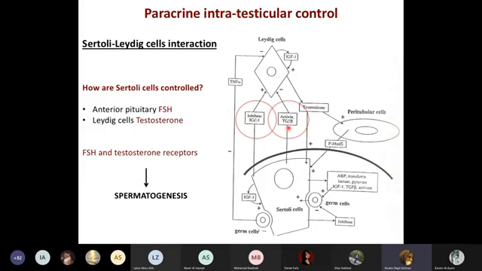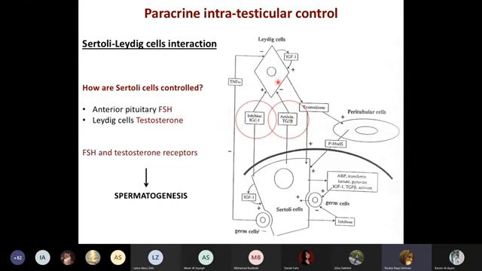Activin will be inhibiting steroidogenesis, whereas inhibin will be stimulating steroidogenesis, in addition to IGF-1. Therefore, IGF-1 and inhibin stimulate steroidogenesis, while TGF-beta and activin will inhibit steroidogenesis. And I repeat, steroidogenesis is the formation of testosterone inside of the Leydig cells.